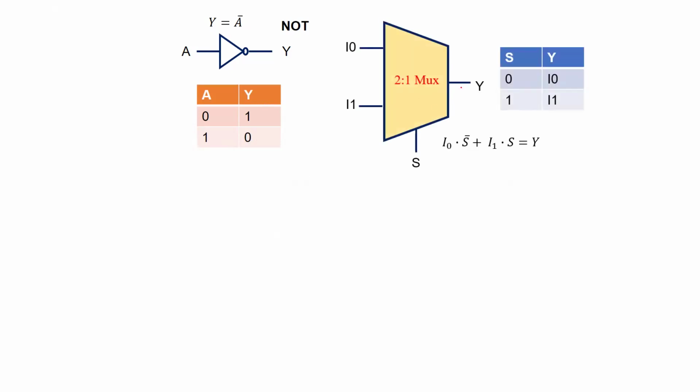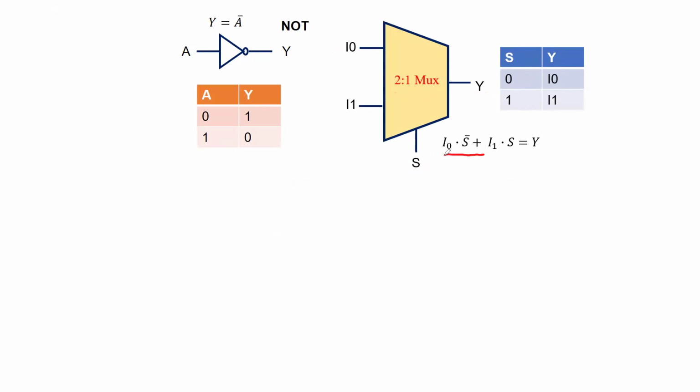Now, this is a schematic of a multiplexer where we see there are two data inputs I0 and I1, a single output Y, and one select input S. This is a truth table where we will see how we implement a logic NOT gate using a 2:1 MUX.